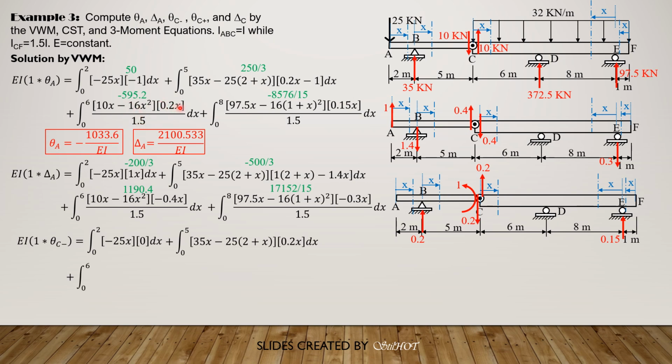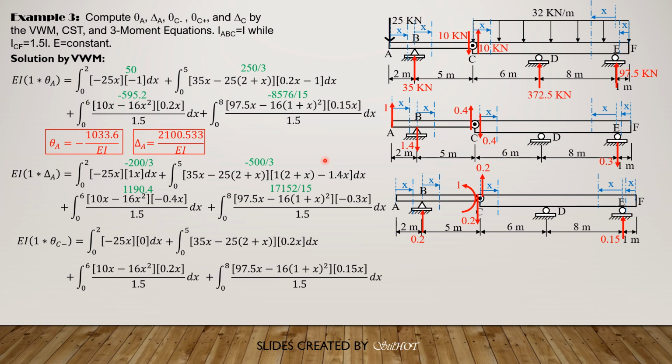Then we replace this by the same, 0.2x also. So integral 0 to 6, (10x minus 16x squared) times 0.2x over 1.5 dx. Then for the last segment, because the moment here is 0, it is integral from 0 to 8, 97.5x minus 16(1 plus x) squared. Then it is 0.15x, just like this, divided by 1.5.